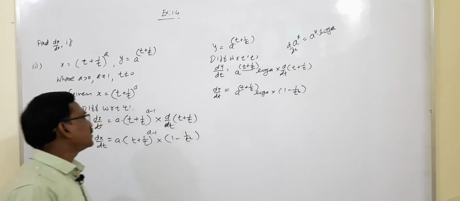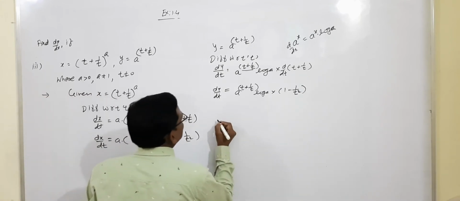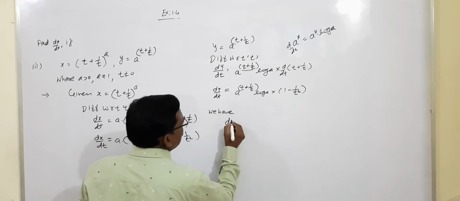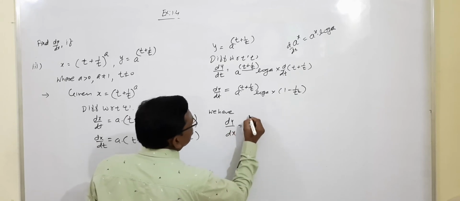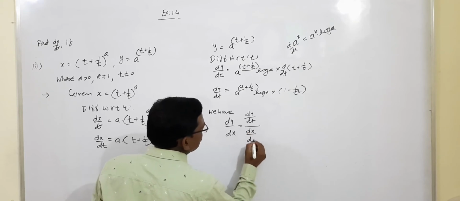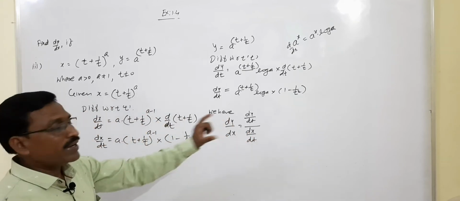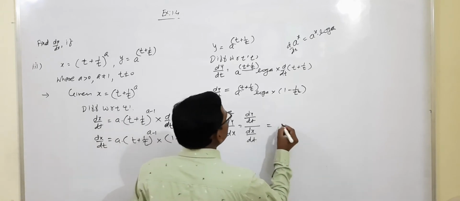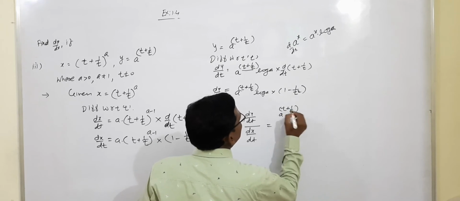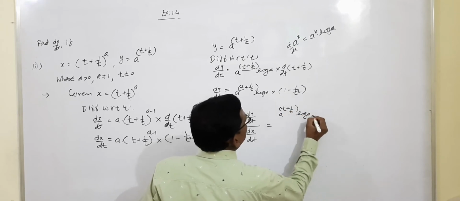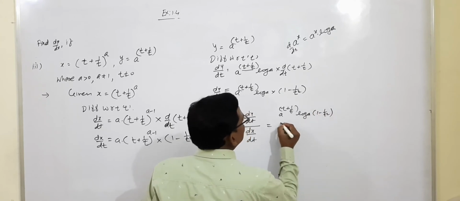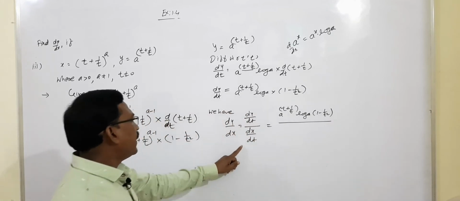And this is dy by dt. Now we take the derivative of the parametric function. We have dy by dx equal to dy by dt divided by dx by dt, by using the derivative of a parametric function. Put the value of dy by dt. Dy by dt is a to the power t plus 1 by t into log a into this 1 minus 1 by t square, divided by the value of dx by dt.